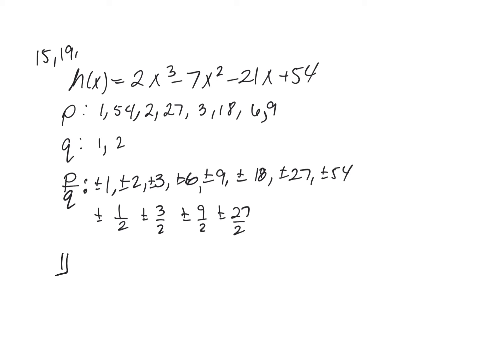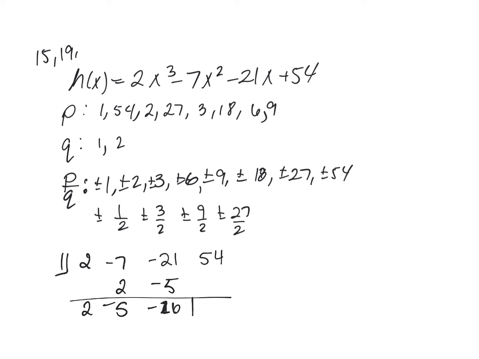And we check using synthetic division with 2, -7, -21, and 54. Bring down my 2, 5, -16, 20, -5, -26, -26, not 0.